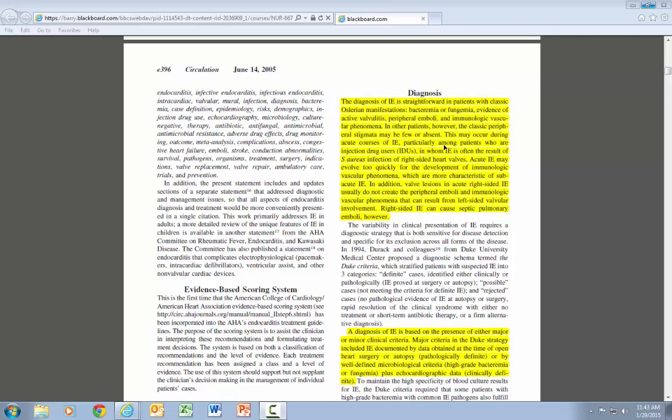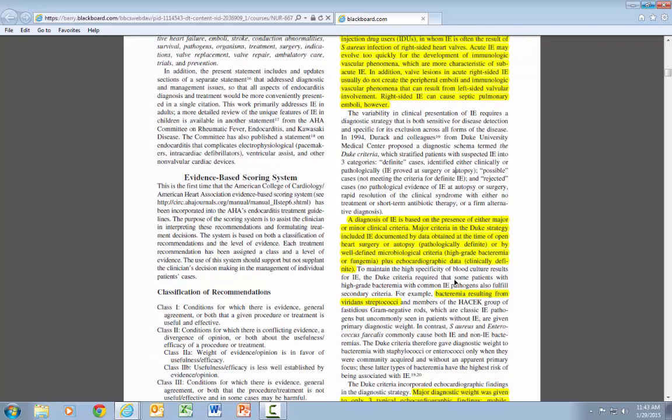Okay, so in addition to that, remember that diagnosis of infective endocarditis is based on the presence of either major or minor criteria based on Duke's criteria that we already discussed in the prior video. So go ahead and review again the criteria for Duke's, which is very important for your examination and for clinical practice.